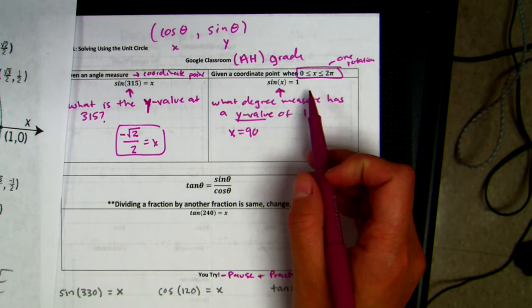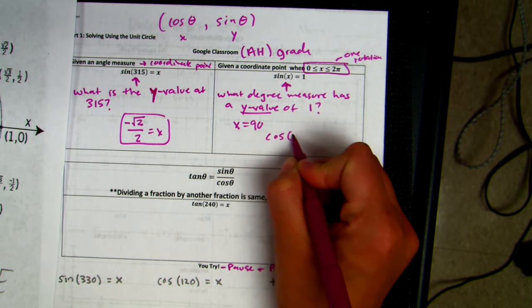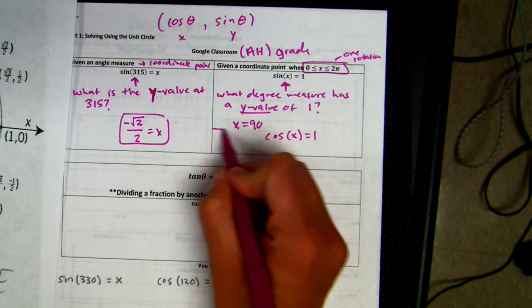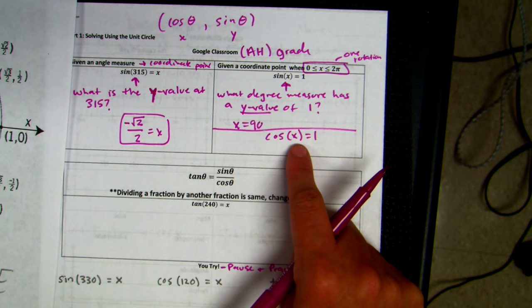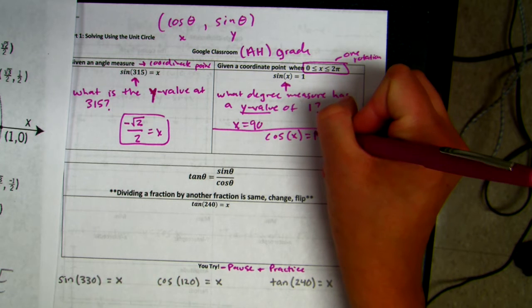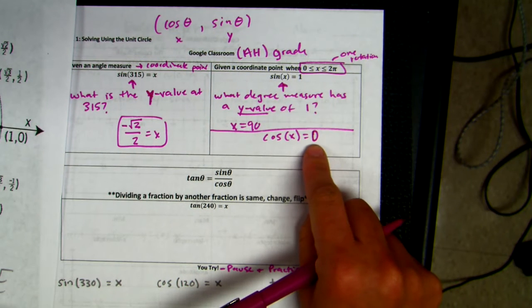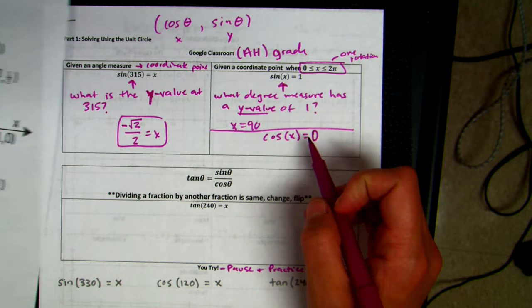So for example, if this question instead was cosine of x is equal to 1, say that this is a new question. Let's make it cosine of x is equal to 0. If I'm making it cosine x is equal to 0, that means I'm looking for x values of 0.